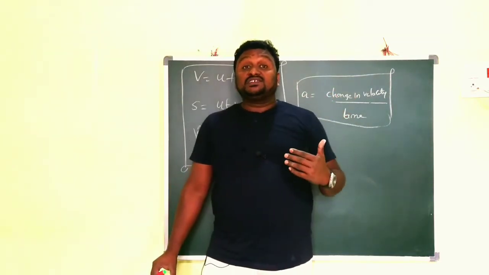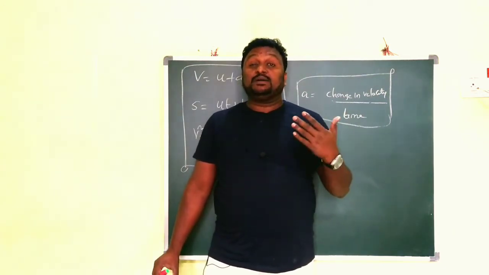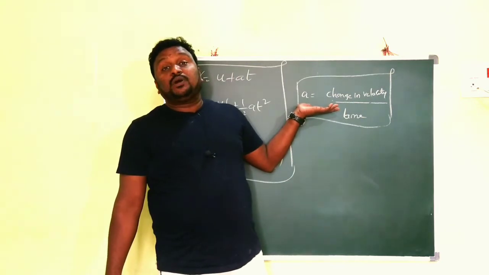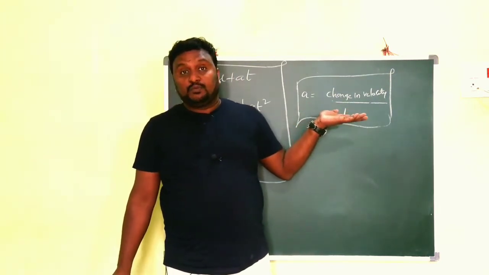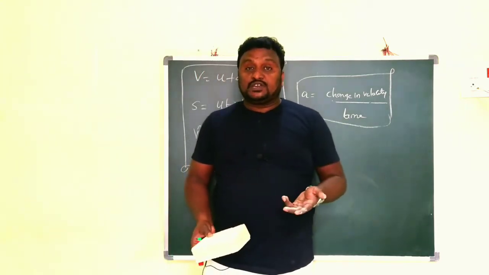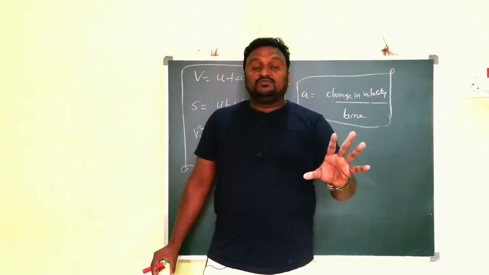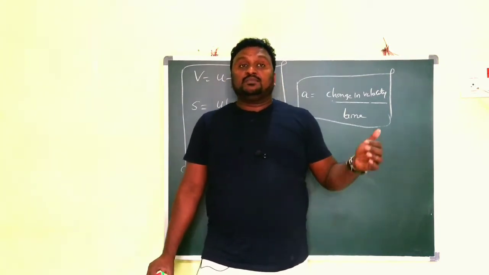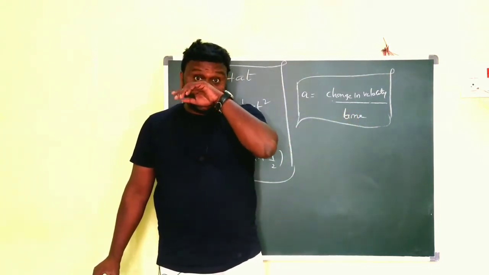When change in velocity is the same for every time interval, then the body has uniform acceleration. For example, for every 5 seconds, the change in velocity is 10 meters per second. Then the body is said to be in uniform acceleration.